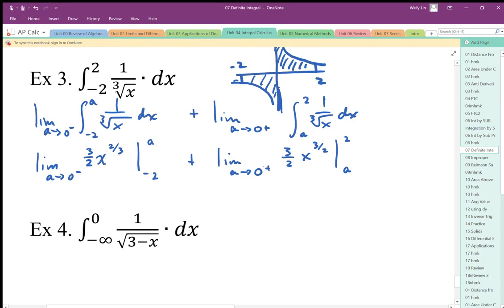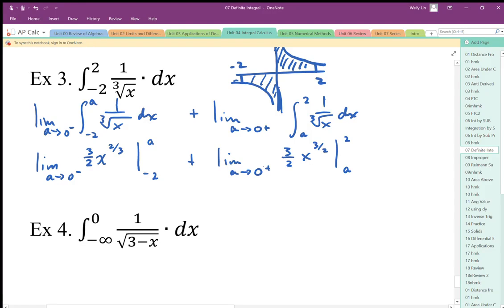Okay, so then as I plug in here, I'm going to 0 from the negative side of this function. Actually, sorry, you don't have to worry about that, because that's in the numerator.